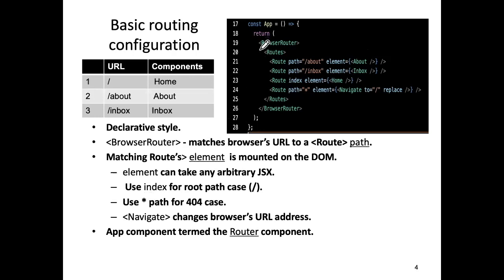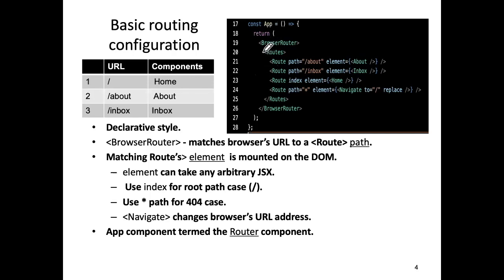The routing configuration, which is what we refer to this as, that's typically the JSX associated with the component at the very top of your application's component hierarchy, which conventionally we name the app component. It doesn't have to be, but it is in this case. So the app component, typically all it has is routing configuration in it.